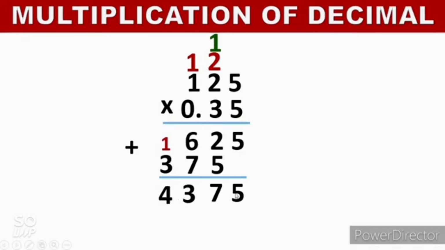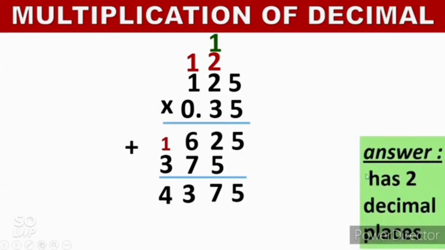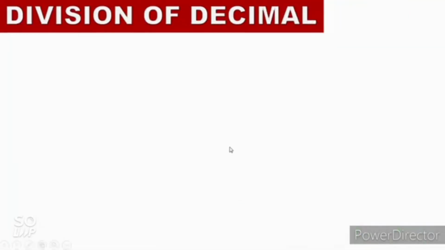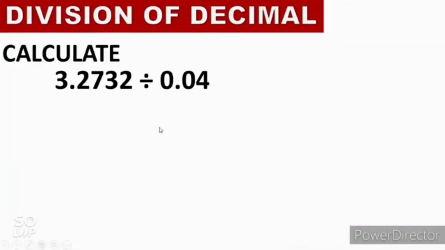So now we have 4, 3, 7, 5, and then we're going to count the decimal places. We have 1 and 2. We have only 2. Therefore, the answer must have two decimal places, 1 and 2. We're going to put the decimal point here. So we have 43.75 for the product of 125 and 0.35.